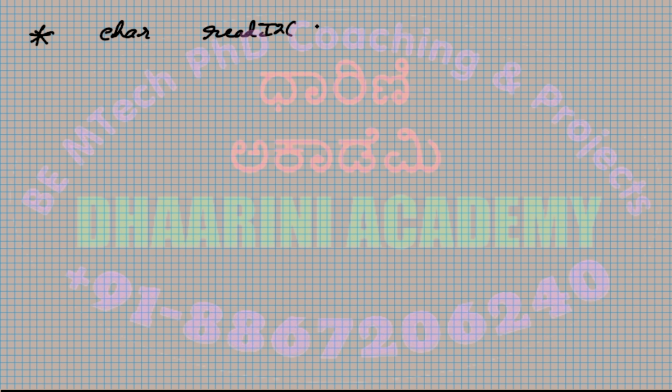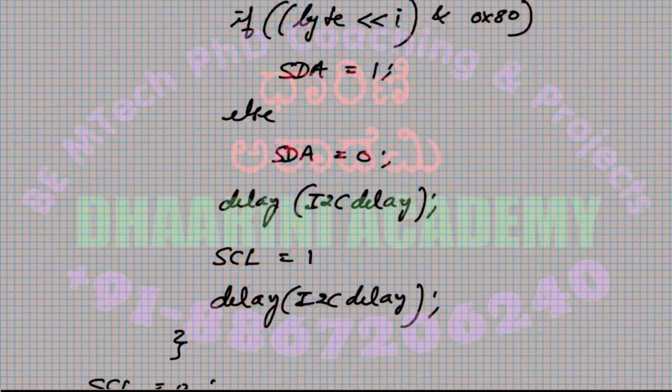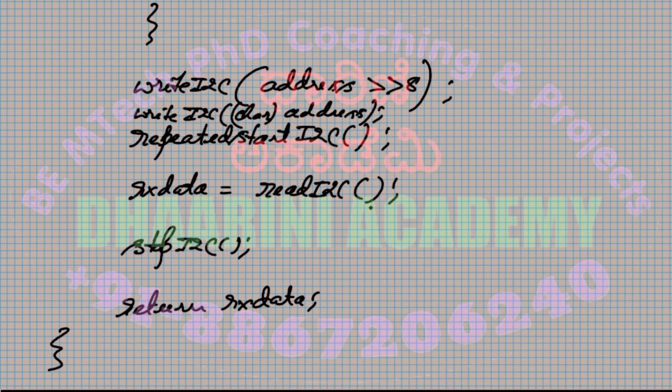In its usage, I'm not passing anything into the function, but it returns something. The received data, Rx data, is a character.